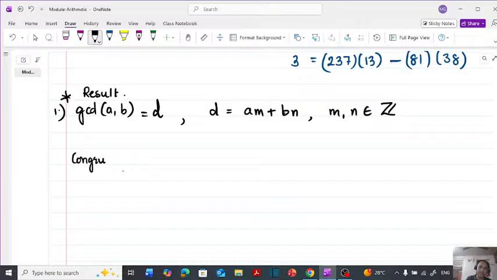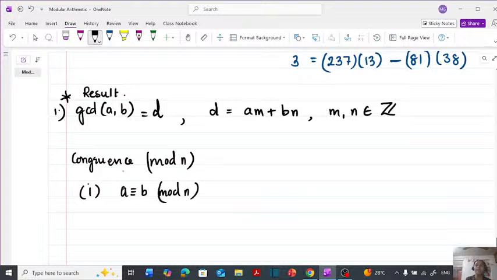So, what is a congruence equation? We just begin with A congruent to B mod n. Congruence relations, or congruence mod n, is what modular arithmetic is all about. Okay. So, first thing, if you write A is congruent to B mod n, the most important understanding is that it means n divides A minus B. This is the most important thing.